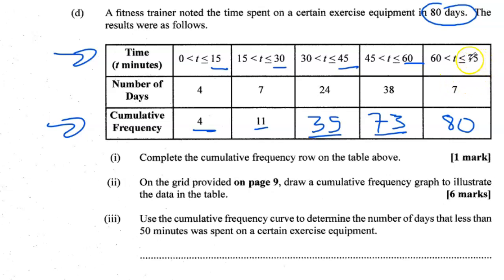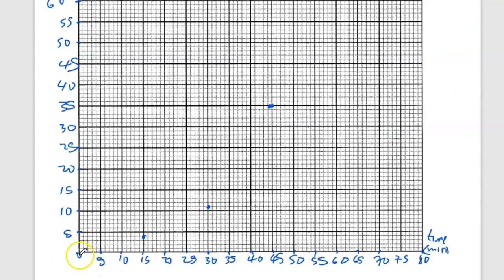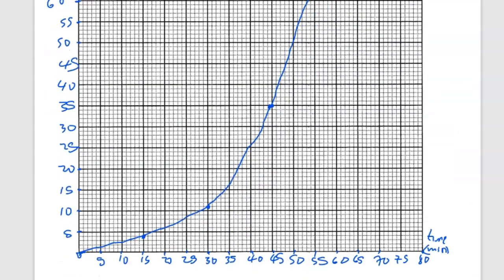And the final point is 75, 80. So we connect all the points as smoothly as possible, up to the last point, which was 75, 80. So the graph should look something like that.